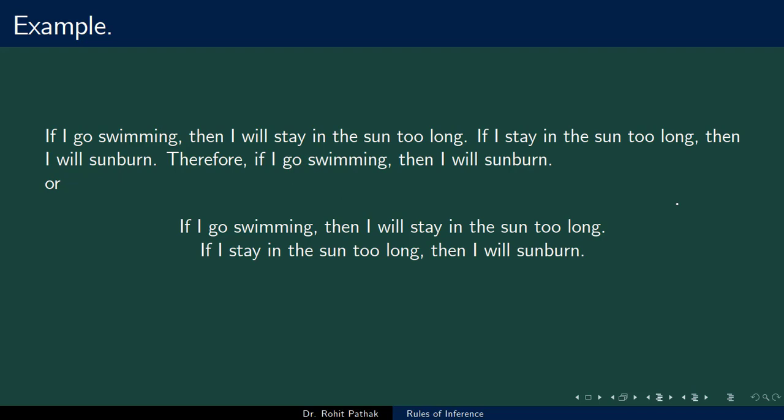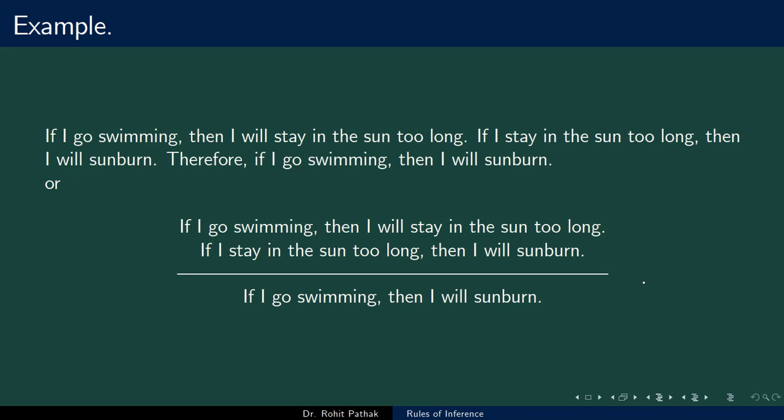If I stay in the sun too long, then I will sunburn. And this line separates the premises and the conclusion: if I go swimming, then I will sunburn. The compound proposition after this line is the conclusion, and above this line are the premises. So this is the structure of an argument in propositional logic.